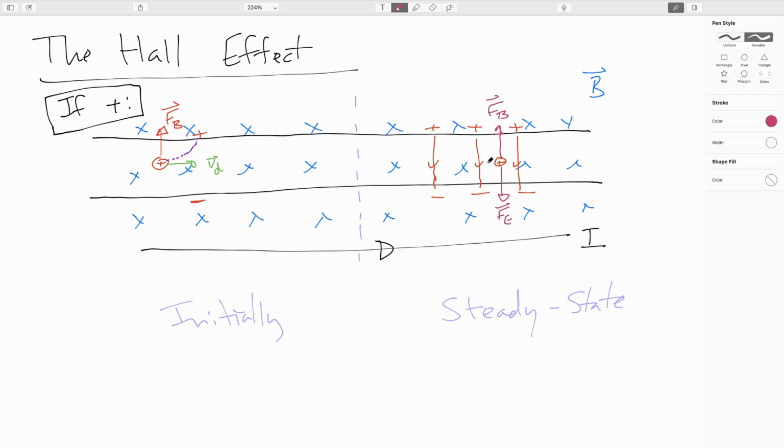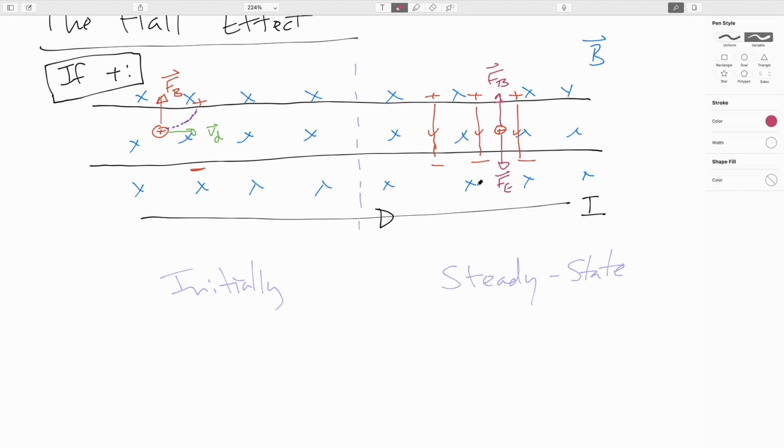Now, if we're in steady state, here, let's just go ahead and continue to label our drift velocity. If we're in steady state, we need the two of these to be equal. So we demand that the magnetic force be equal to the electric force.